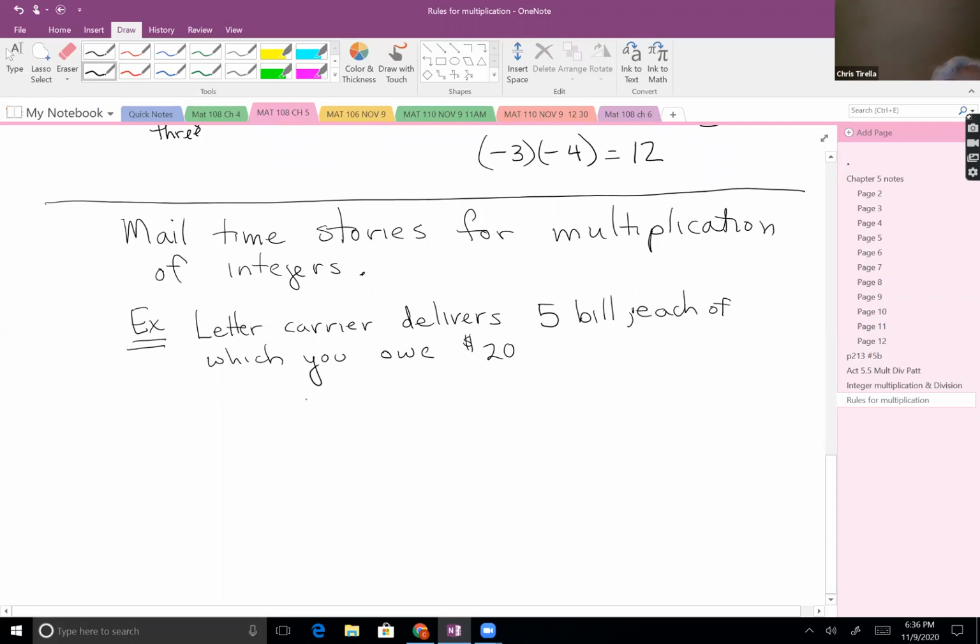Well, that would represent positive 5 because he's delivering it. And since it's a bill, it's negative 20. And so if the mailman comes with 5 bills and each of them you owe $20 on, you're out $100.